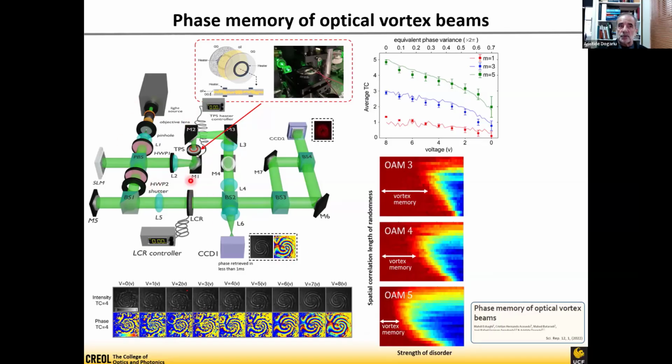So this is an example where we had an adjustable, thermally adjustable perturbation, and measured the extent of this memory of optical vortex beams as a function of strength of disorder and the spatial correlation of disorder.